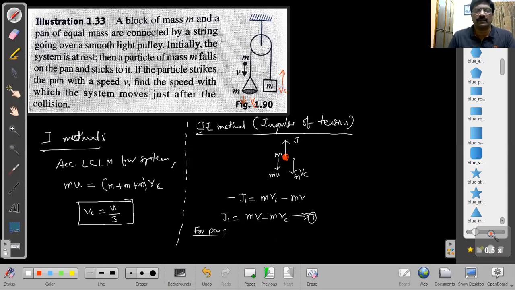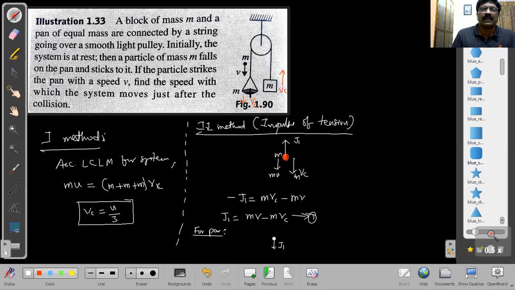Whatever impulse is applied by the pan on the particle, the same impulse acts on the pan due to the particle. That's why J1 is downwards. The pan also pushes the particle upwards, and with the same force the particle pushes the pan downwards. That's why the same impulse is received by the pan in the downward direction.